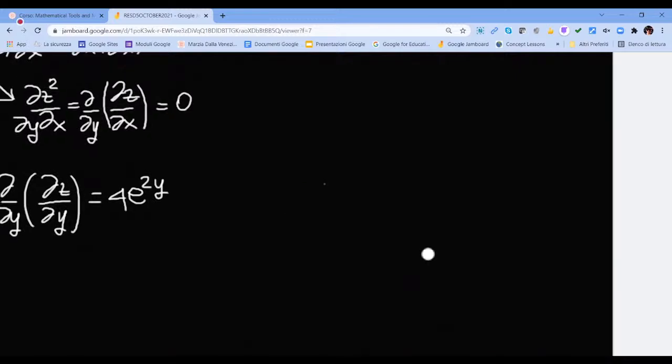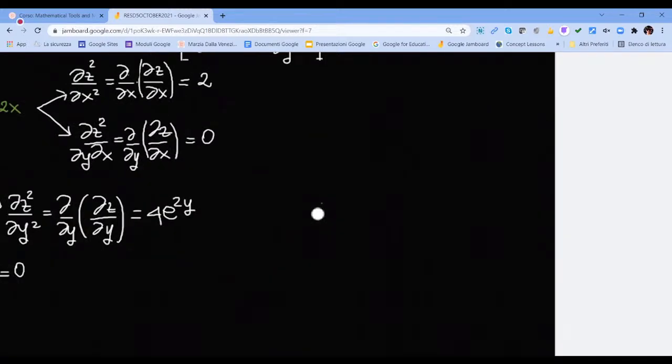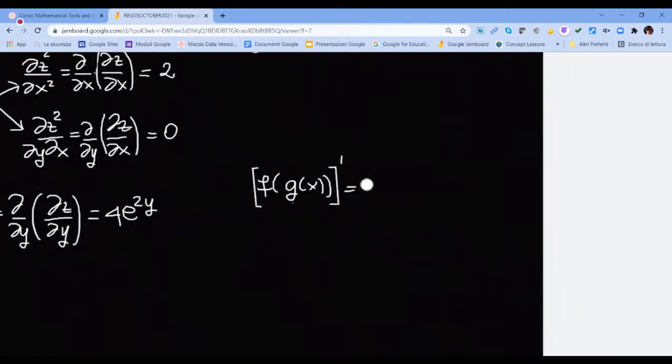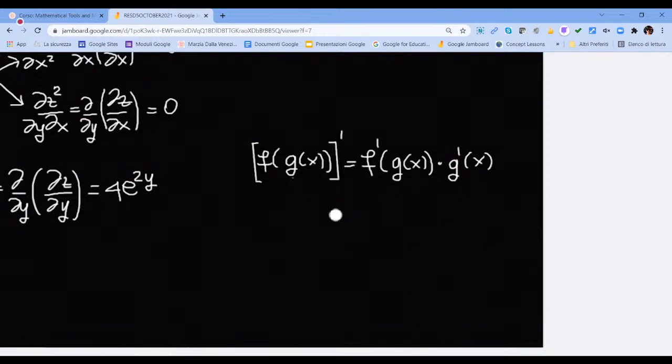When you derive a function of a function, let's say a composition of functions, if you compute the derivative of the composition, that means that you should derive the function outside, leaving the argument as it is, and then multiplying by the derivative of what is inside. This is the rule. I'll explain it with some examples.